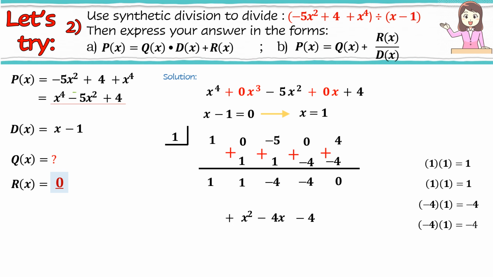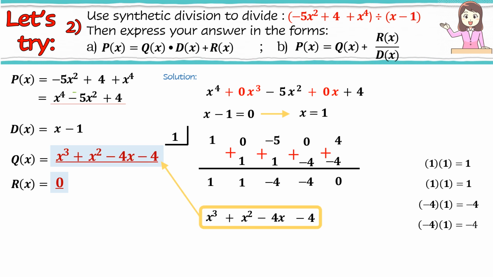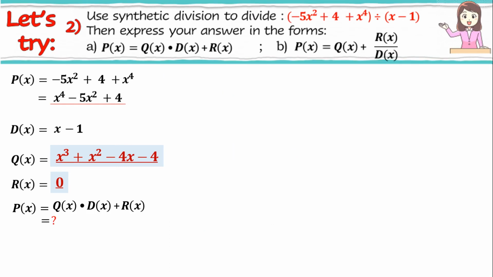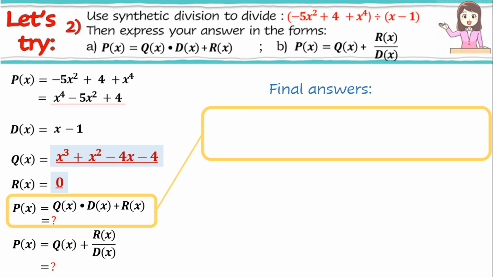So, sana nakasunod. Now, let's have our final answer in the form of A and B. So, una, let's have P of x is equal to Q of x times D of x plus R of x.